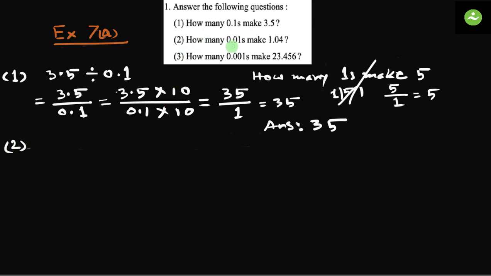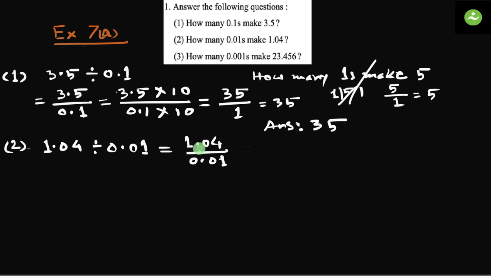Bracket 2. How many 0.01s make 1.04? We'll do it in the same method. We divide 1.04 by 0.01, which equals 1.04 over 0.01.